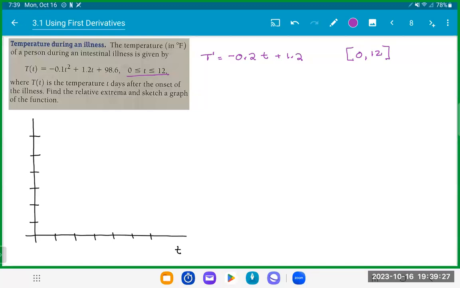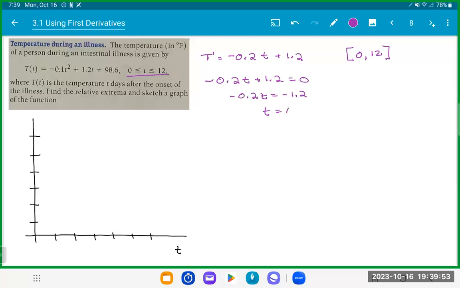Our derivative exists for all real numbers, so we can set our derivative equal to 0 and find a critical value. So we can take negative 0.2t plus 1.2, set that equal to 0. We would get negative 0.2t equals negative 1.2.